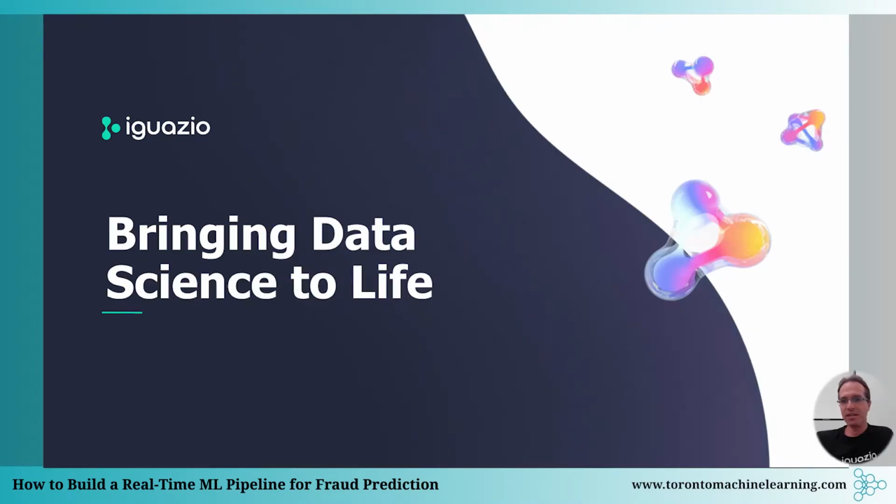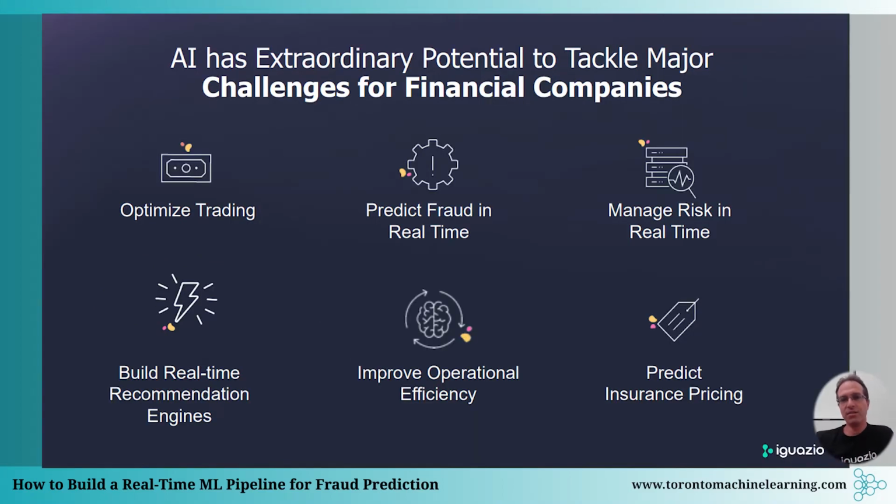And in this session, I'm going to talk about how to build a machine learning pipeline with real-time feature engineering in the context of fraud detection. Now, in the finance sector, it's not all about fraud detection. You have other use cases like trade optimization, risk management, real-time recommendation engines, operational efficiency, and predictions of all kinds of things like insurance pricing and so on.